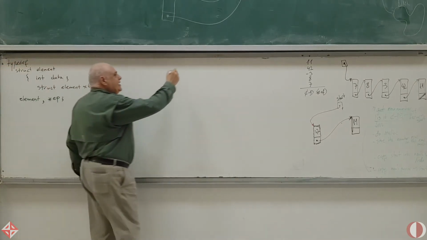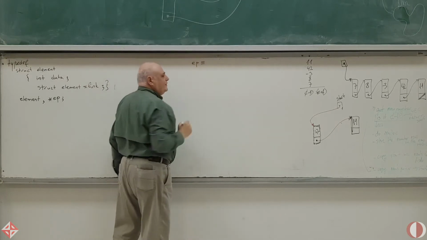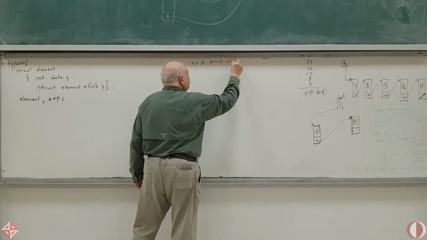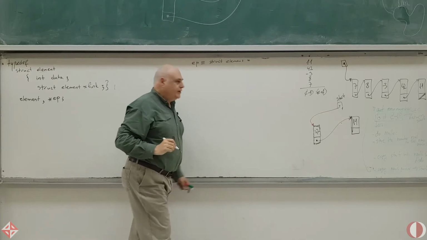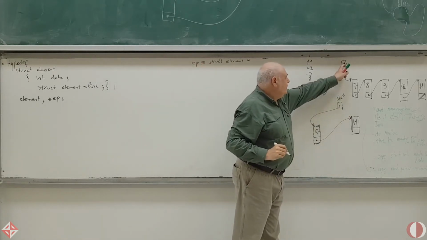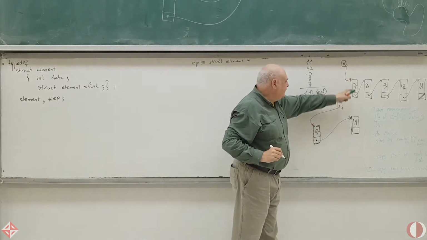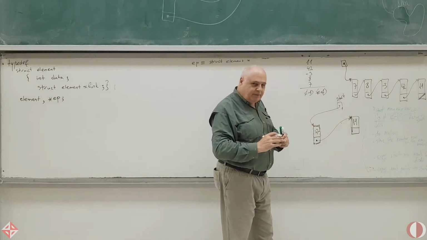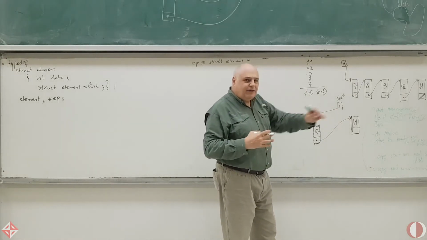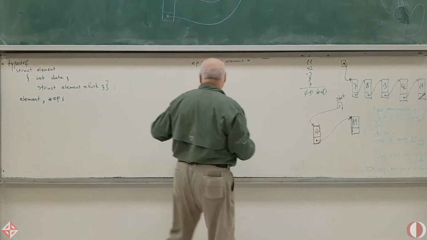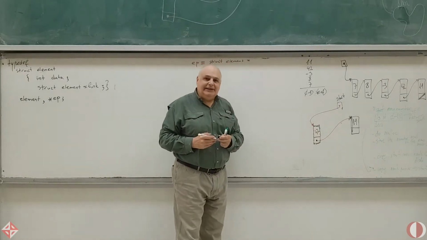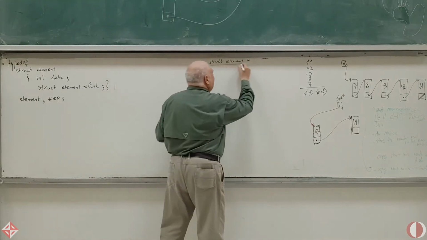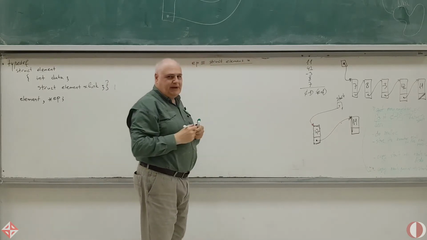So EP is identical to struct element pointer. Here sits such a pointer. Here sits such a pointer. When I get something from malloc to get my hands on the subfields, I cast it to a struct element pointer. So from now on, instead of struct element pointer, I will be using EP.